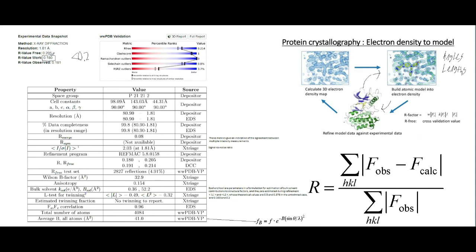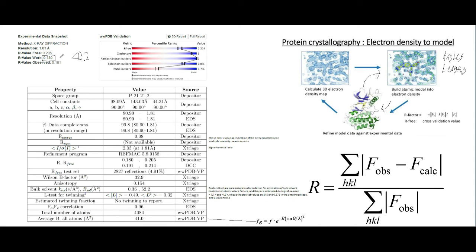The R free is using some data that was especially set aside during this refinement, so that you can use that set-aside data to compare to your data, so that it's not just being circular, comparing refined data to refined data.